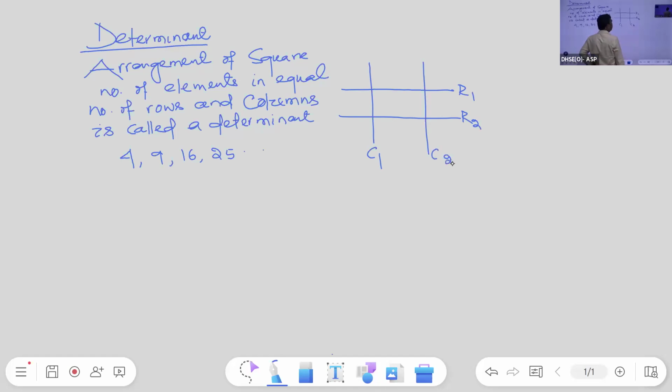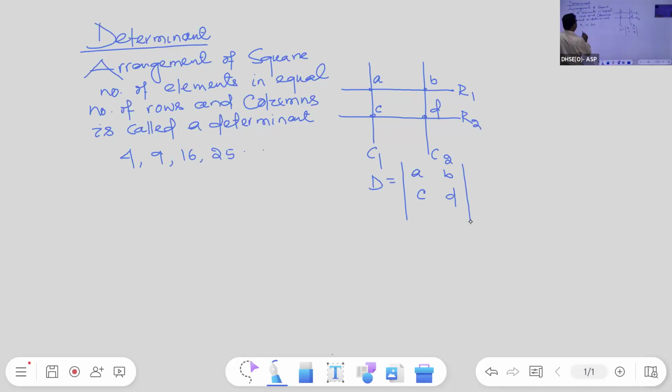So what is the total number of points of intersection? The total number of points of intersection is 4. If each point of intersection is occupied by an element, there will be 4 elements. Suppose this element is A, this element is B, this element is C, and this element is D. So the determinant can be written as A, B, C, D. Okay, this is called a determinant.